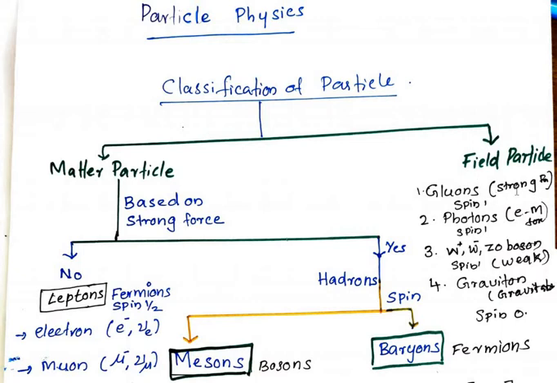That is strong force, electromagnetic force, weak force and gravitational force. So these are the different types of forces present in our universe. Here the strong force is the strongest force, the electromagnetic force is weaker than that, the weak force is weaker than these two, and the gravitational force is the weakest force.